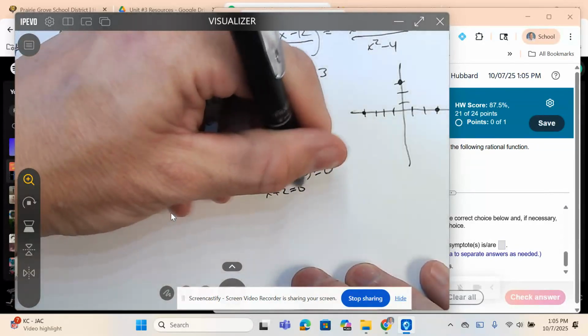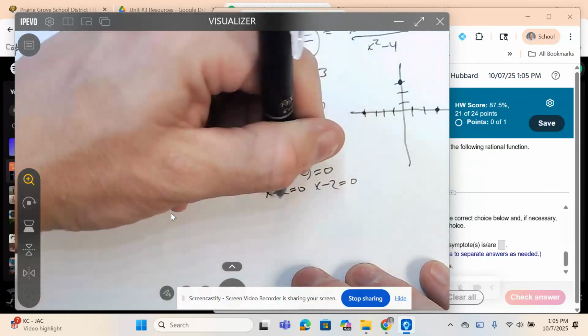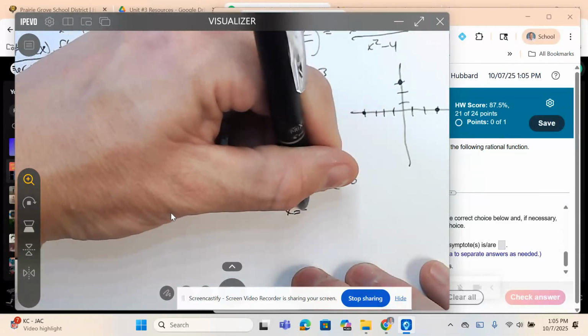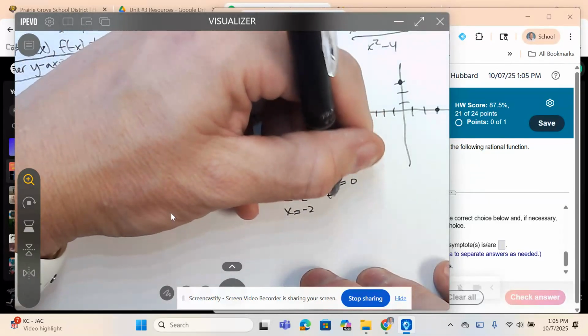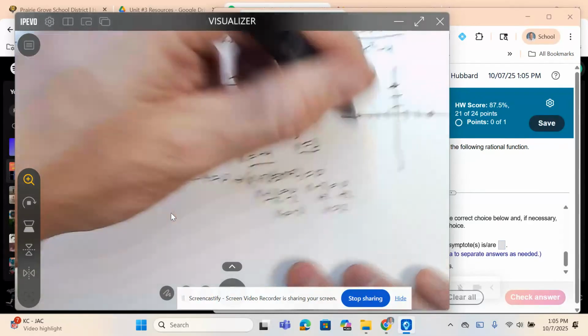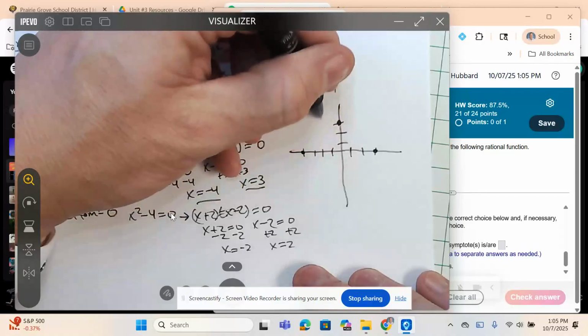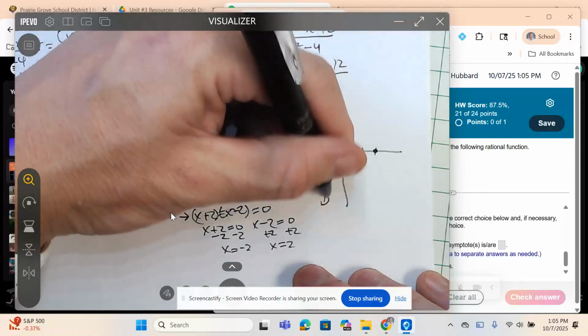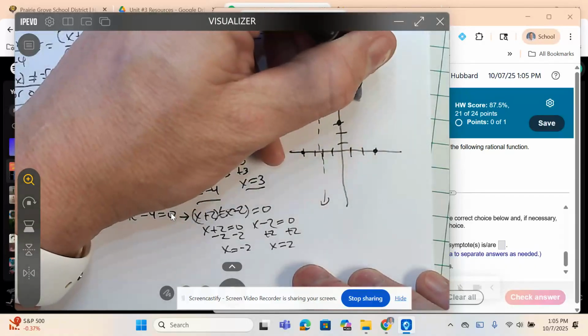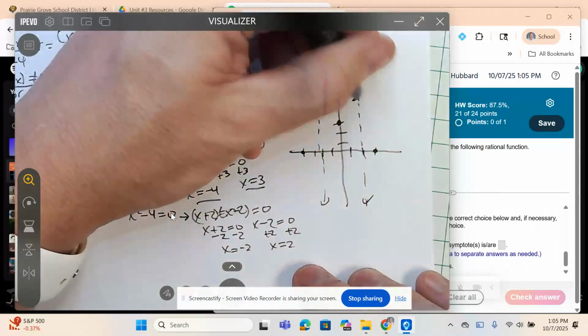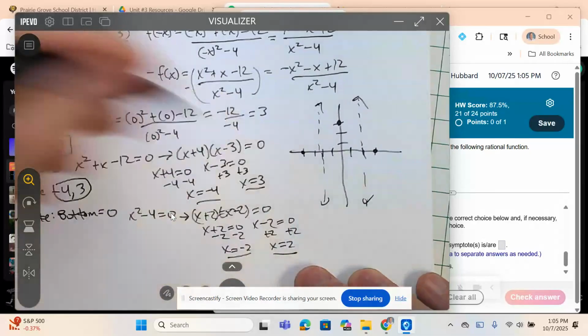X plus 2 equals 0, x minus 2 equals 0. Subtract 2, x equals negative 2. Add 2, x equals 2. So we've got a vertical asymptote at x equals negative 2, and we've got one at x equals 2.